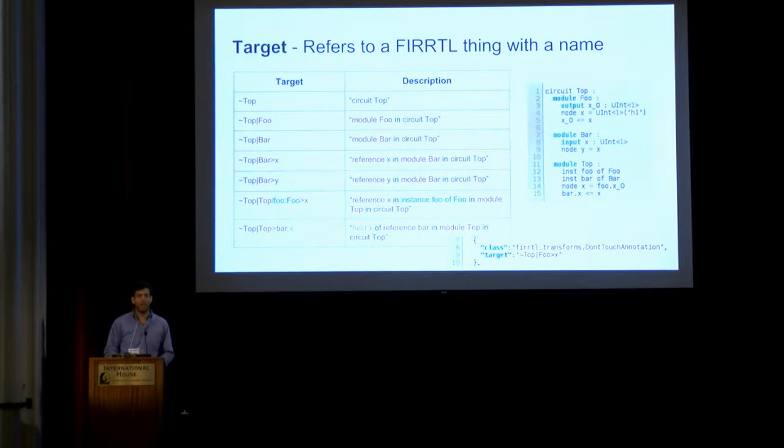So you can target the circuit, you can target a module in the circuit, you can target a reference in a module in a circuit, and you can even target a reference in an instance in a module in a circuit, or a reference in an instance in an instance in an instance of a module in a circuit. Okay? And that's another advantage you get by not keeping the annotations in the actual AST. You can actually refer to things that don't fully exist in the AST, and you can let some downstream transform handle it.